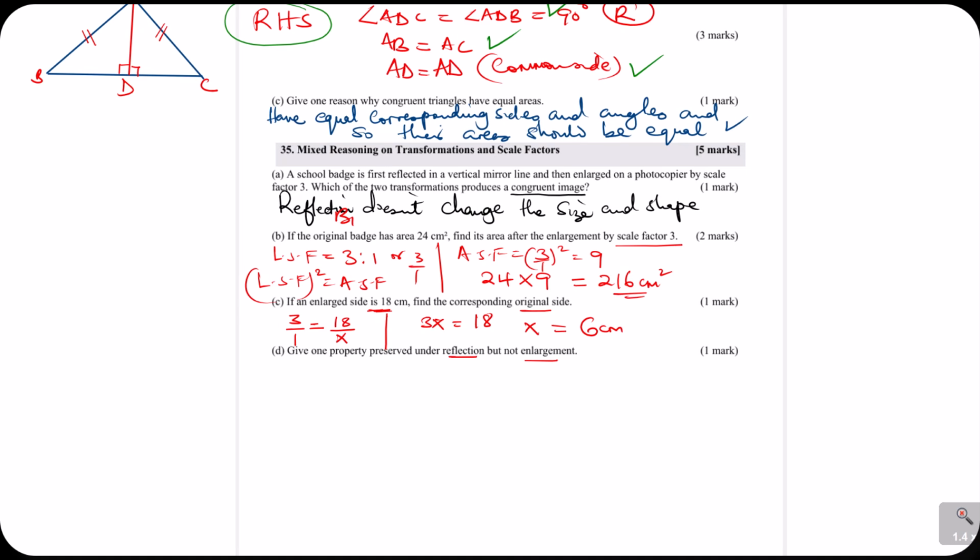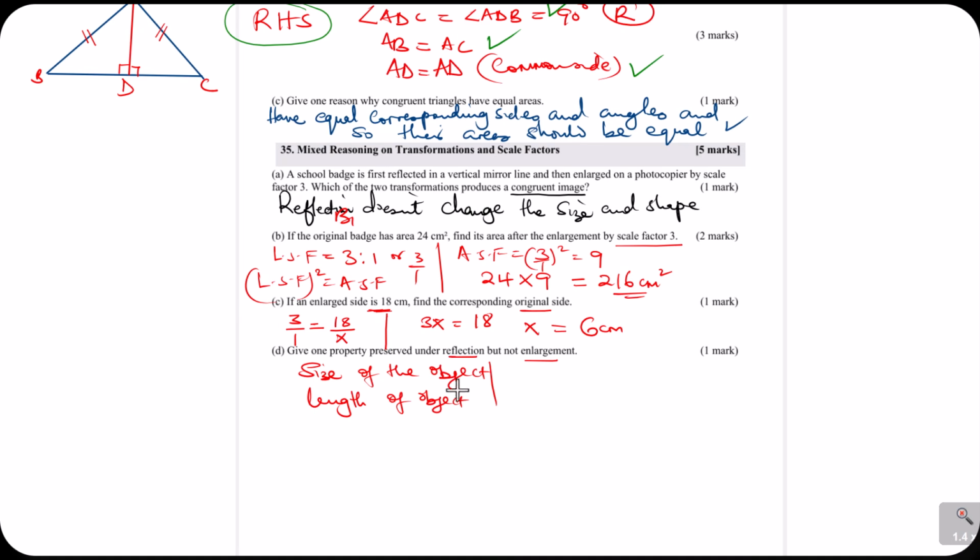But enlargement either increases the object to get a bigger image or decreases it to get a smaller image. So one property preserved under reflection is the size. You can indicate the size of the object is preserved, or you can talk also of the length.